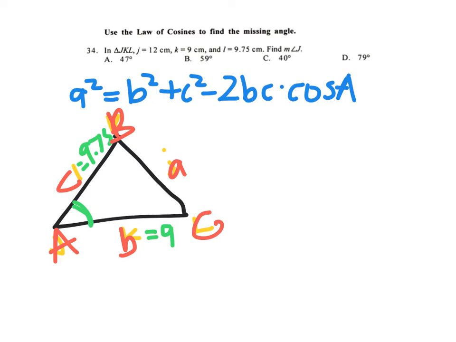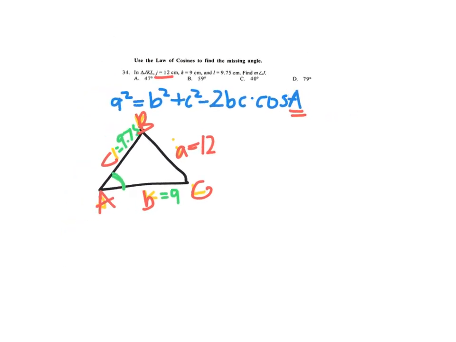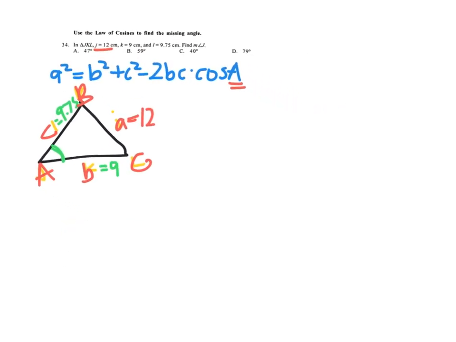Sorry, I missed a label when I was drawing things in. Little j is 12, so little a is going to be 12. We're going to plug in everything we know. We're looking for big A, so that variable is going to stay in my equation, but everything else is going to get replaced. I'm just going to zoom now so I have more room because this equation is kind of long. So we're going to plug in little a, which is 12.